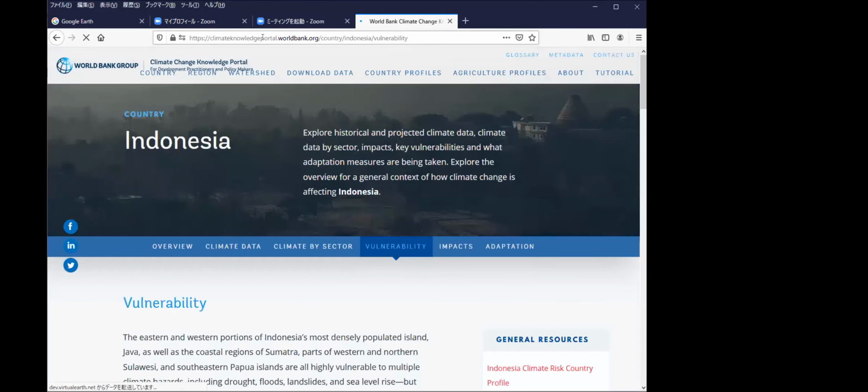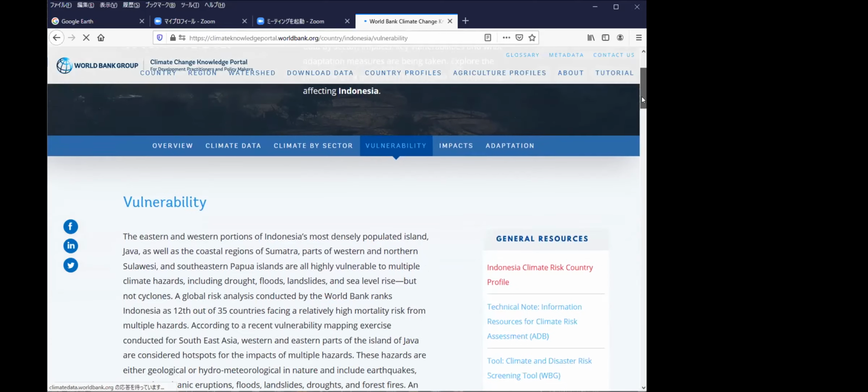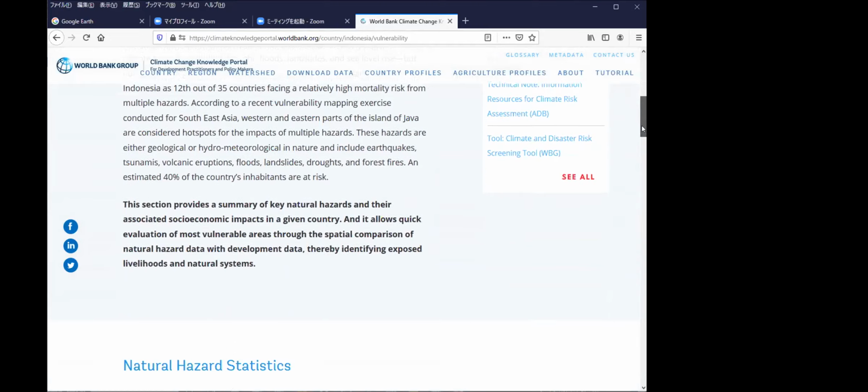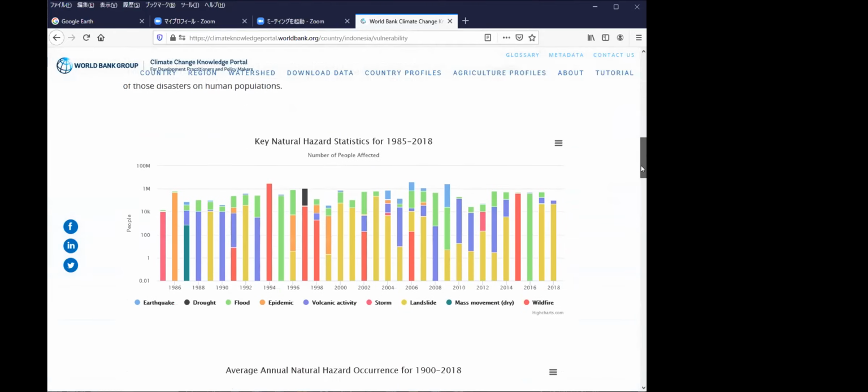I put in the URL. And maybe you can find several tabs: overview, climate data, climate by sector, vulnerability. Please click vulnerability and scroll down to the bottom.